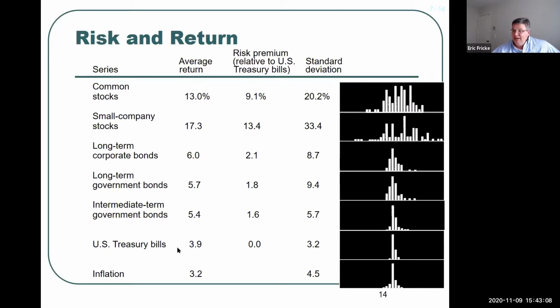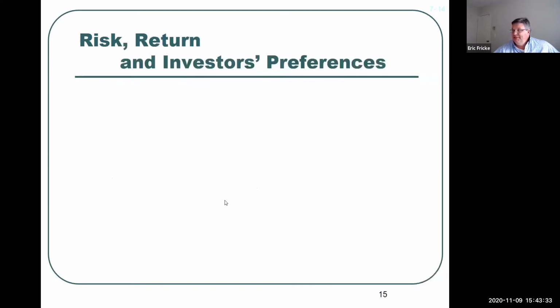So while putting money in cash is a good short-term solution to make sure you have the money in case of emergency, it's not good for long-term planning because you won't keep up at that rate. Inflation will eat into your returns. So that's kind of an overview of risk and return.